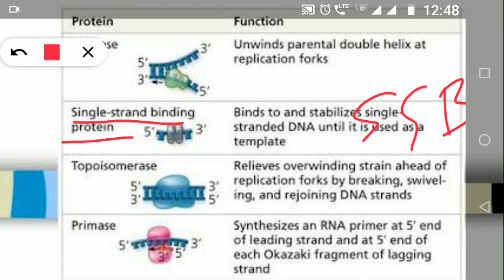Okay, so these two are essential proteins in the initiation process of replication. Along with these two, the DNA polymerase is also an important enzyme, which is for the synthesis of the new strand.